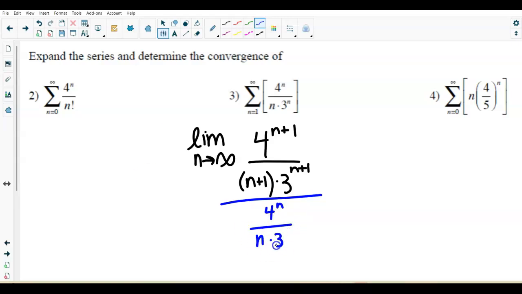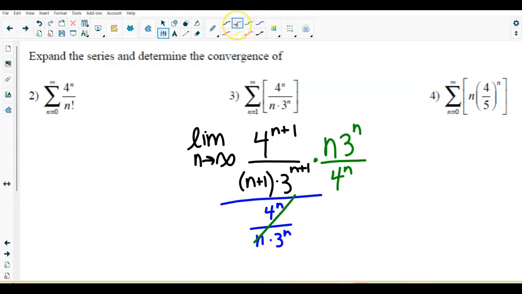Or maybe by now you know instead of dividing, multiply by the reciprocal, but this is a good setup. The next term divided by the current term. Instead of dividing there, we'll multiply by our reciprocal. So n times 3 to the n over 4 to the n.